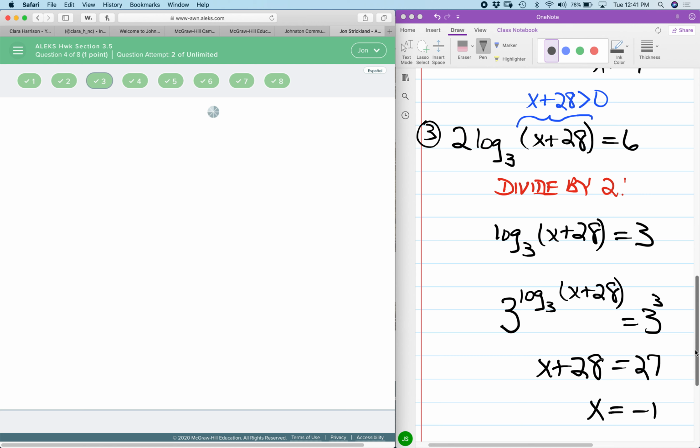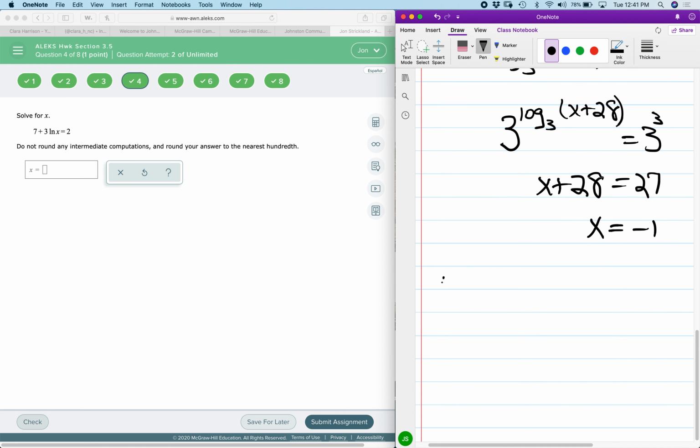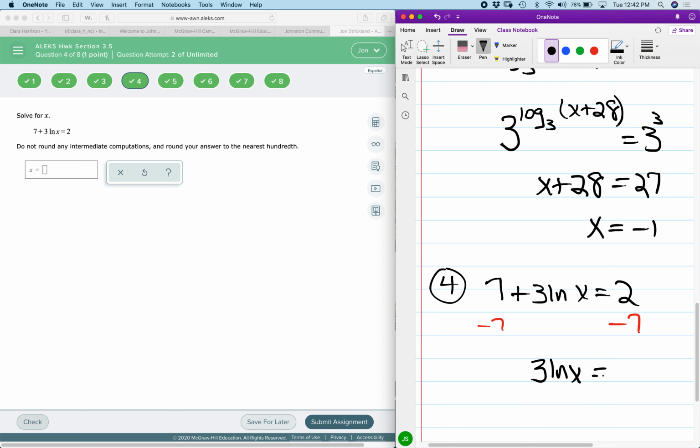Now, for the case of number 4, it says to solve for x and round your answer to the nearest hundredth. I have 7 plus 3 times the natural logarithm of x is equal to 2. Now we have a logarithmic term, 3 times the natural logarithm of x. If I move the 7 over to isolate the logarithmic term, the natural logarithm of x is equal to -5.